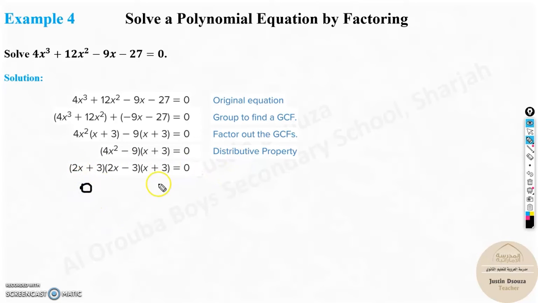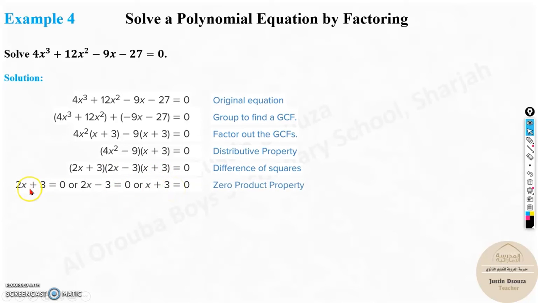So we equate all the three terms to 0. 2x plus 3 is equal to 0, 2x minus 3 is equal to 0, and lastly x plus 3 is equal to 0. Now solve for x. It'll be minus 3 divided by 2, plus 3 divided by 2, and minus 3. So this is how we solve it algebraically.